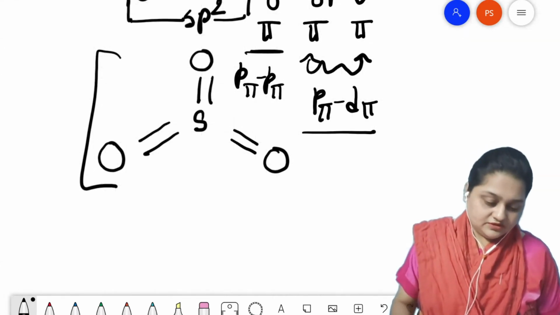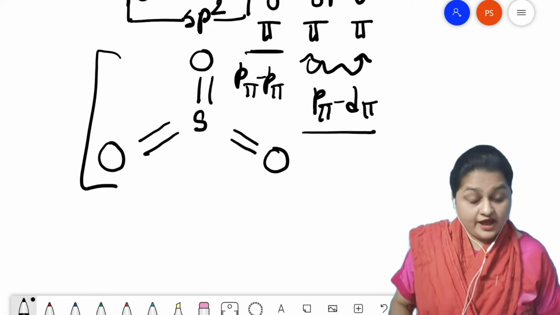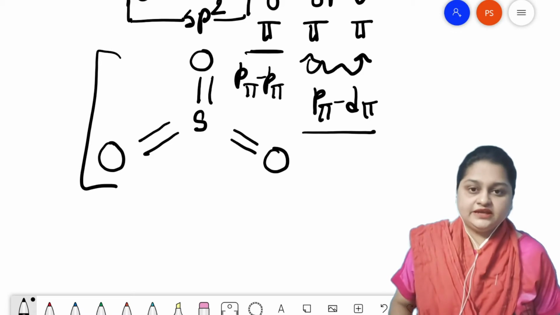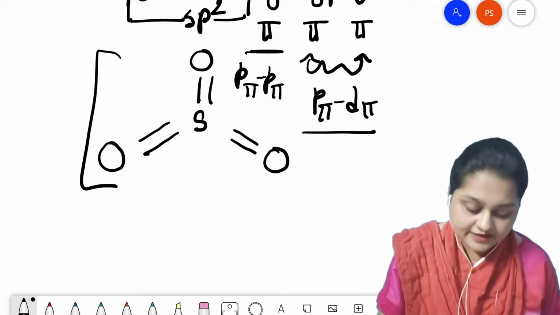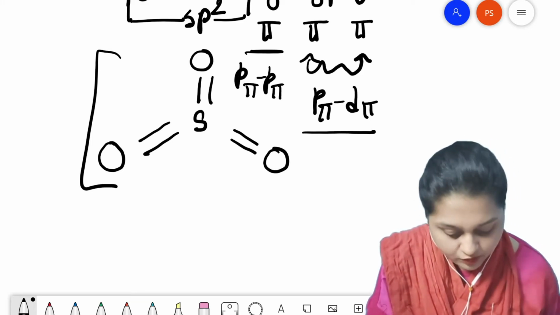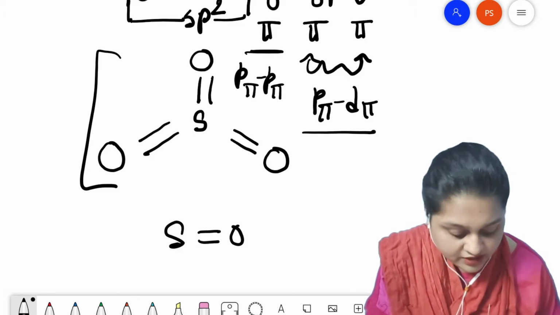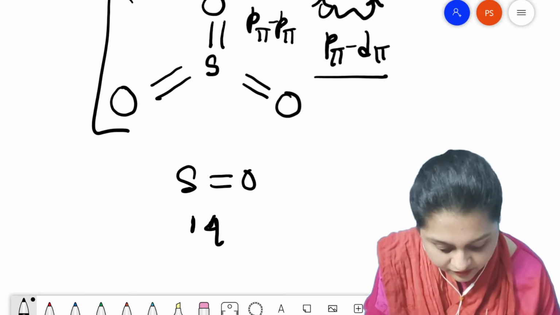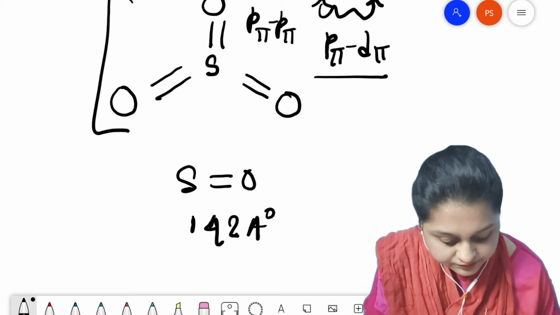But as the 3 double bonds are not equivalent, having not formed in a similar manner, the lengths of these 3 double bonds should not be equal. But in fact, it has been found that the length of all the sulfur oxygen bonds in SO3 molecule is 142 pm.